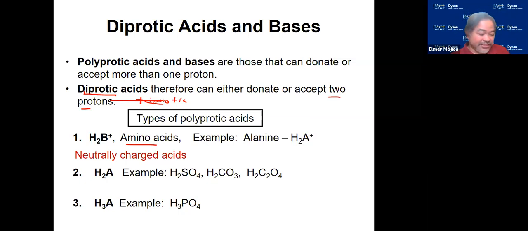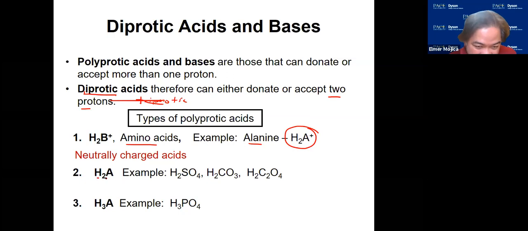When you say essential, they should be provided to us, or the body cannot synthesize these essential amino acids. You can have a charge on this one. It's like alanine for itself, there's an H2A+. So that's the type of polyprotic acids that we're going to focus on today.